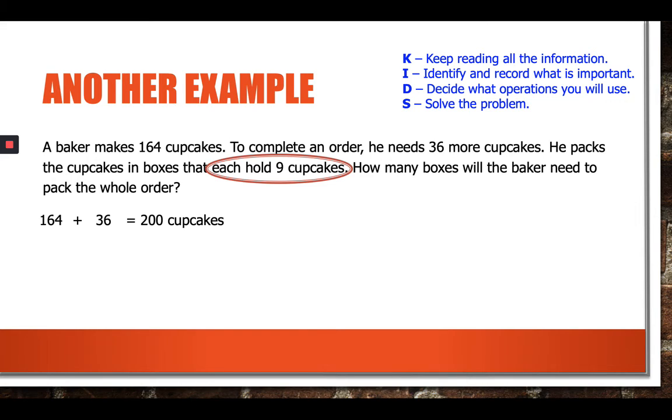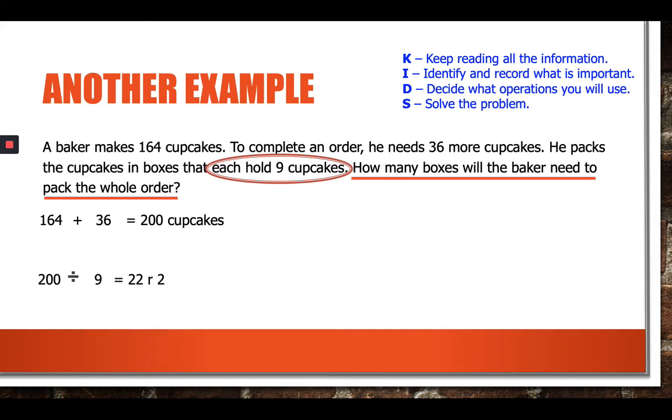We're taking 200 cupcakes and we're dividing them into groups that hold 9 cupcakes. Correct. We're going to divide 200 divided by 9 cupcakes in each group or in each box. And when we work that out, we get 22 with a remainder of 2.